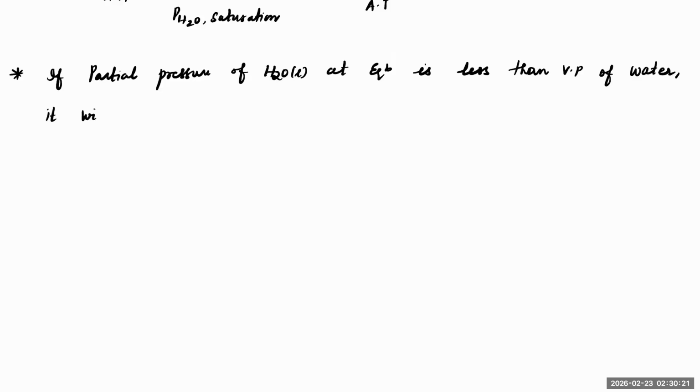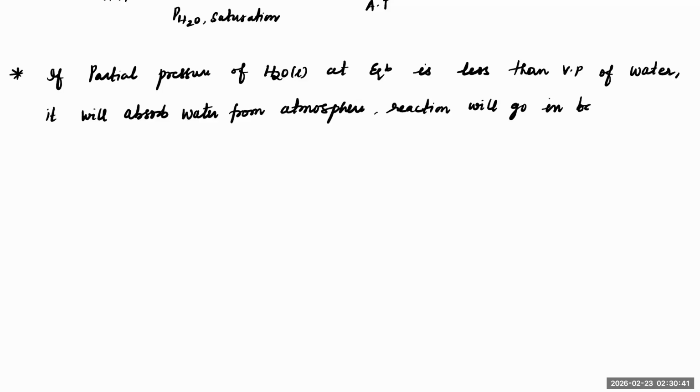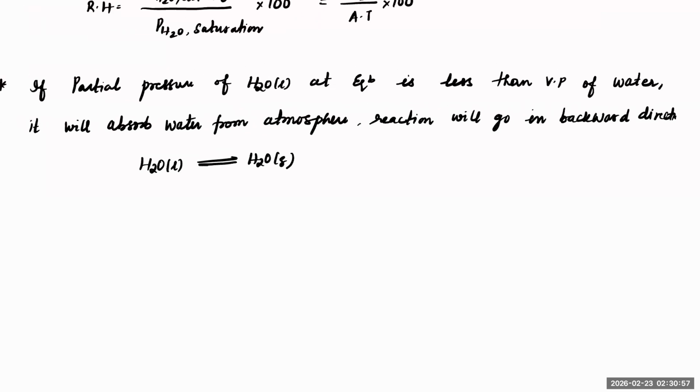Then it will absorb water from the atmosphere and the reaction will go in the backward direction. Backward direction means, I'm talking about this equilibrium, H2O liquid to H2O gas. In this case, the equilibrium will go in the backward direction.